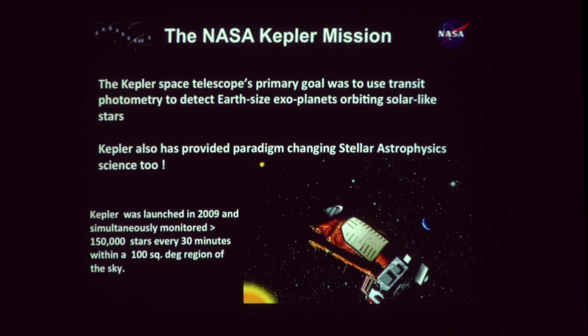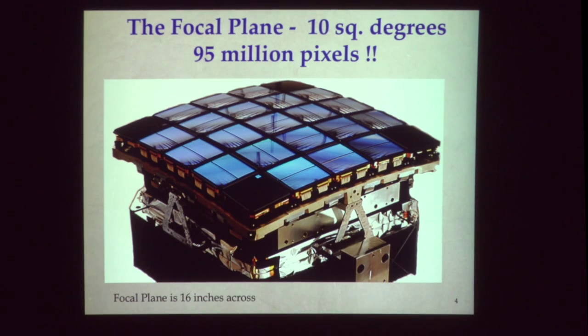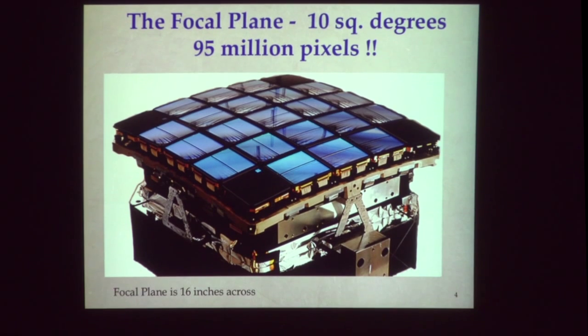In its mission, it is staring out into space utilizing a camera that has 95 million pixels, compared to your maybe 10 million pixel camera, laid out into this kind of curved array that sits at the focal plane of this particular telescope.